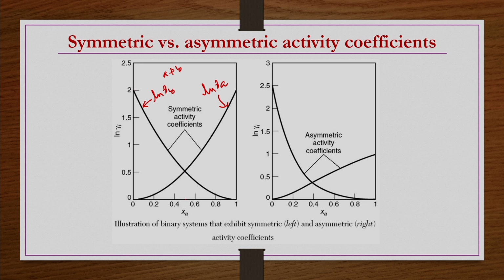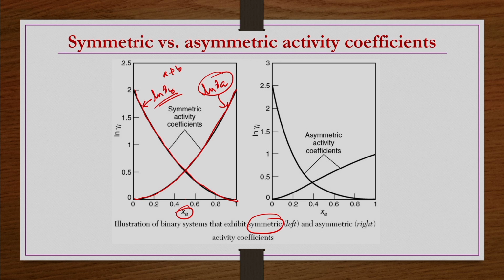You can see this ln gamma B versus xA curve is the exact mirror image of the other curve, ln gamma A versus xA. So these curves are mirror images of each other. Such activity coefficients are known as symmetric activity coefficients.